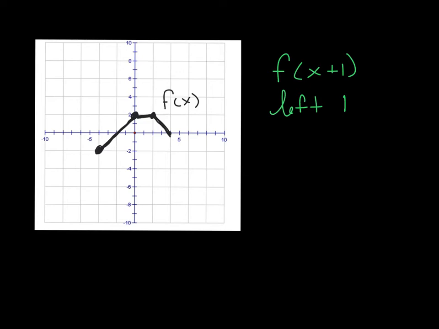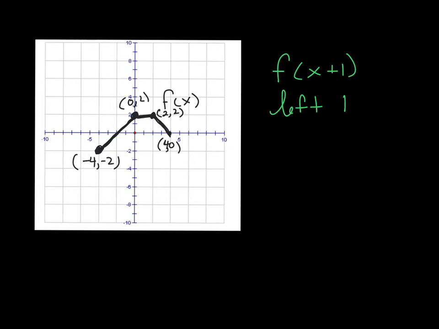So if I start off with all of the points that I have in my graph over here, these points are -4, -2, 0, 2, 2, 2, and 4, 0.